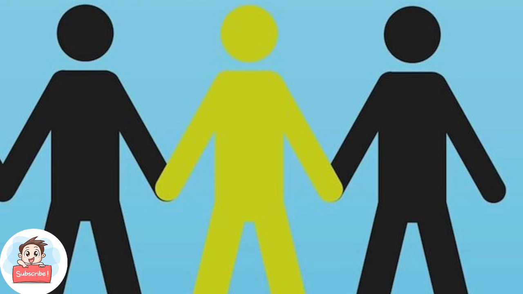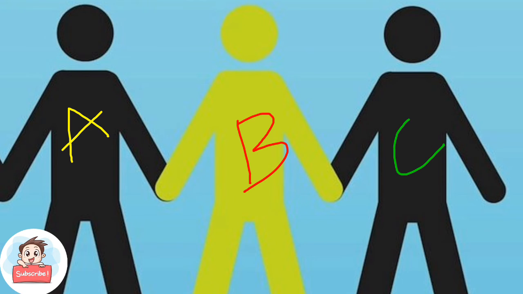Here I am considering three persons, named person A, person B and person C. When we apply an electrical shock to person A, what happens? The electrical shock is equally distributed to person B. From person B, that same amount of electrical shock is distributed to person C.